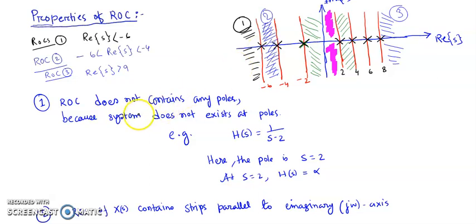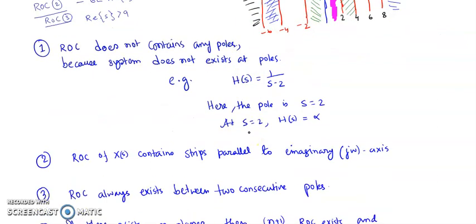It can exist because at a pole, suppose minus 2 here, if s is equal to 2, s minus 2 will be 0, so H(s) will be infinity. So at the pole the ROC cannot exist, it will be unstable. So do not define the ROC on the poles, only define it in between the poles.